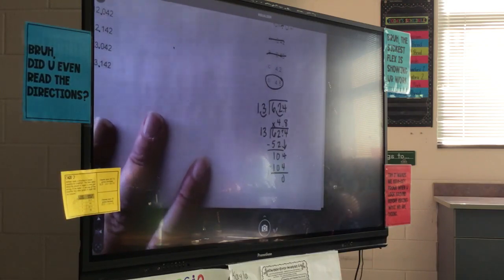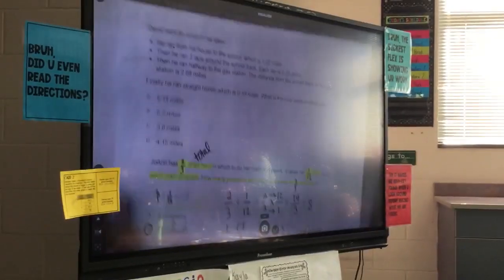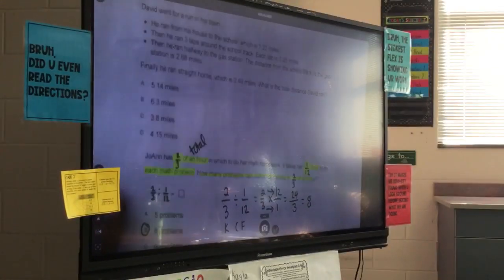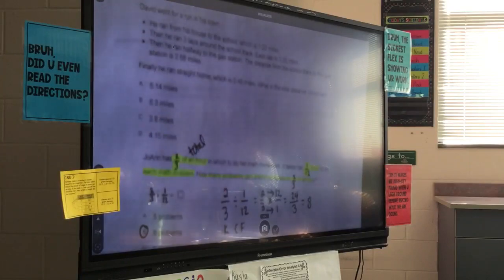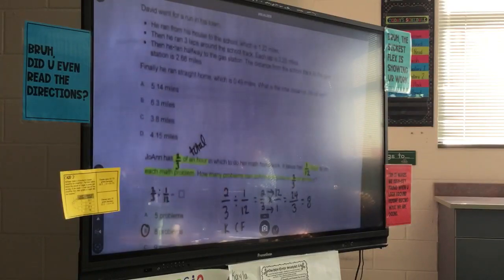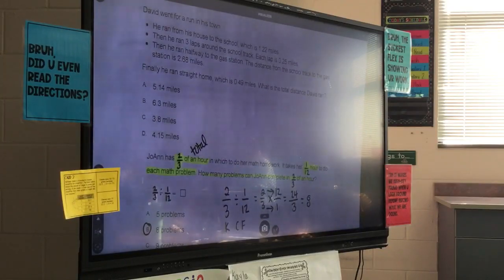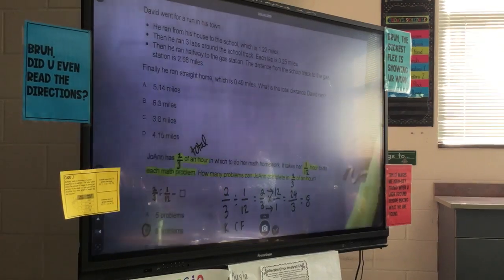Let's pop back up to this giant one on the top. Lots of information that we're about to go through, but it's really important that we make sure we have the important information, not all the information in this. David went for a run in his town. He ran from his house to school, which is 1 2/22 miles.